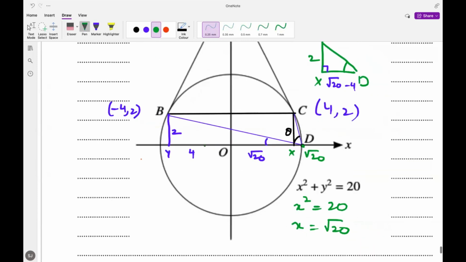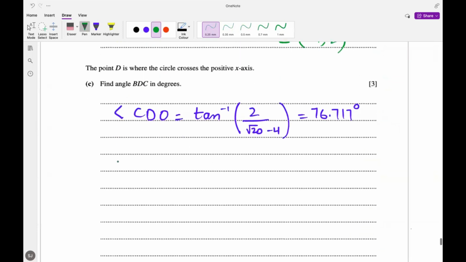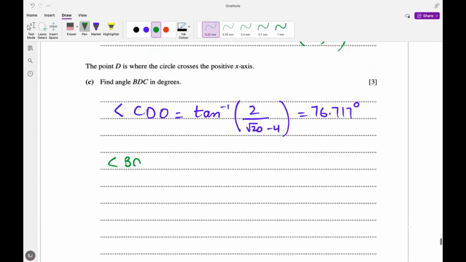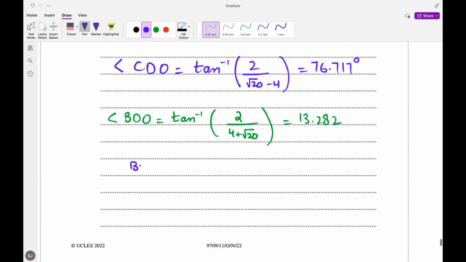So angle BDO will be equal to tan inverse of 2 upon 4 plus square root of 20, which is equal to 13.282.